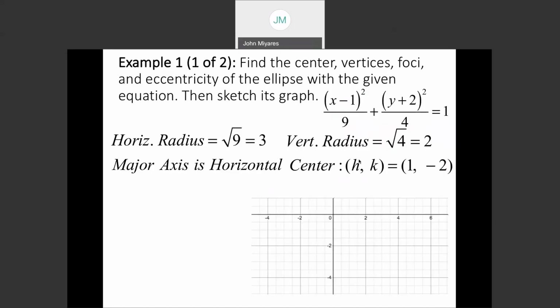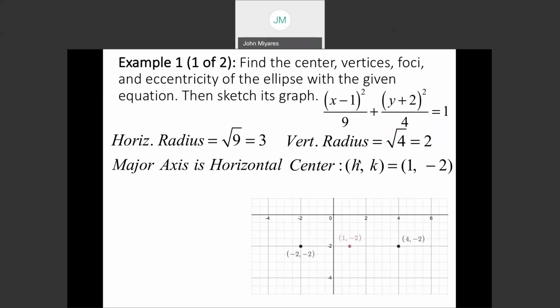In sketching this graph, we'll first set up our axes and plot our center point. The center point, as we said, is at 1, negative 2. Next, we know the horizontal radius is 3. So we're going to plot a point 3 units to the left and 3 units to the right of center, which puts us at negative 2, negative 2, and 4, negative 2.